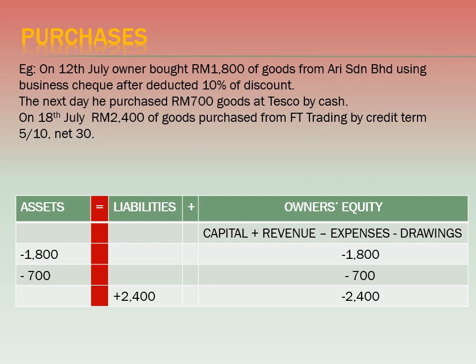So you will write plus 2,400 ringgit under the liability column and minus 2,400 ringgit under the expenses, because those three are purchases. So you can see the 2,400 ringgit does not cross the red equal line. So one item you write with a plus sign, another one with a negative sign.